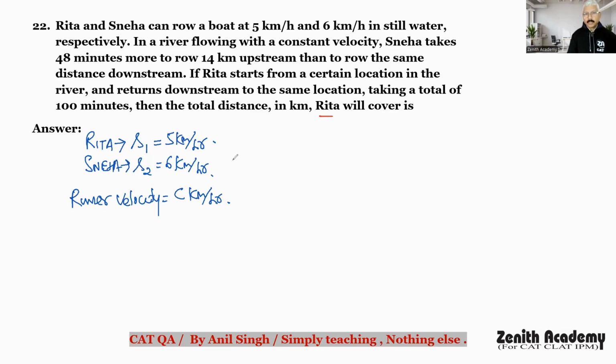So the resultant speed in the direction of the current is downstream, and the resultant speed against the direction of the river is upstream. You know this, it's a basic concept. So here it is given Sneha takes 48 minutes more to row 14 kilometers upstream.